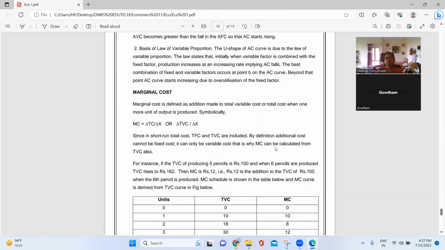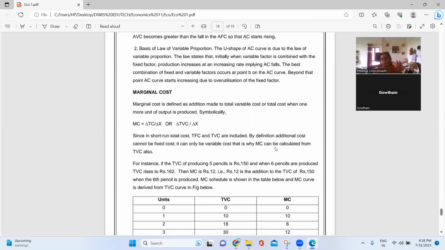Basis on the law of variable proportion, the U shape of the AC curve is due to the law of variable proportion. The law states that initially, when a variable factor is combined with the fixed factor, production increases at an increasing rate. If someone asks what is the law of variable proportion, it states that if you are combining inputs with the fixed factor, your output will increase at an increasing rate.